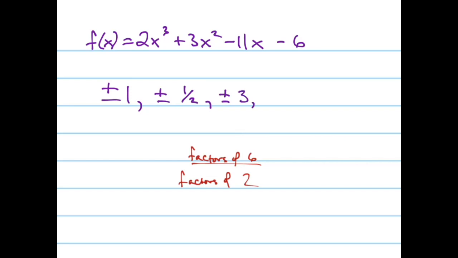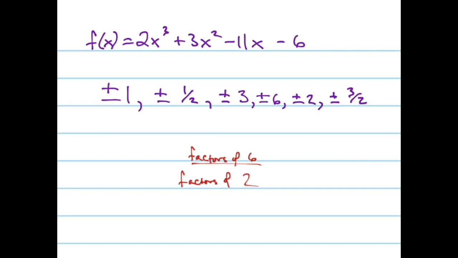Sarah, what do you have? 6. Okay, Ethan? Plus or minus 2. Lily? Plus or minus 3. Okay, the last 3 of you there, do you have any that they didn't have?